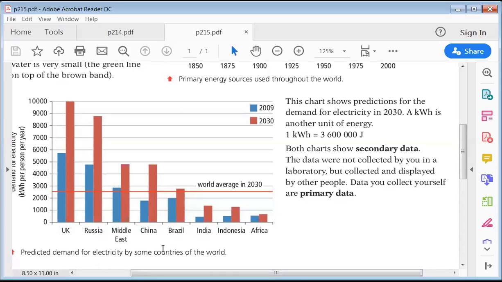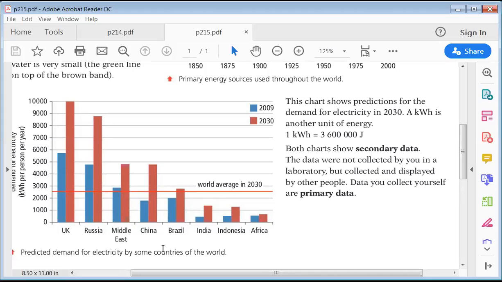in Russia, and Middle East. So most of the developed countries are demanding electricity more than the poor or medium countries. UK uses more than a whole continent, like Africa? Yeah.